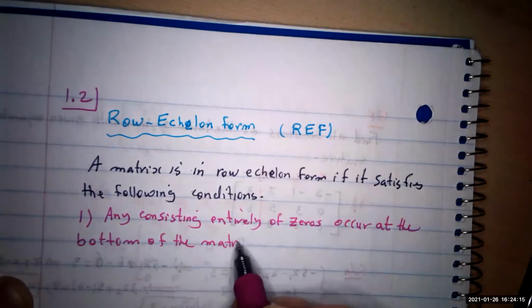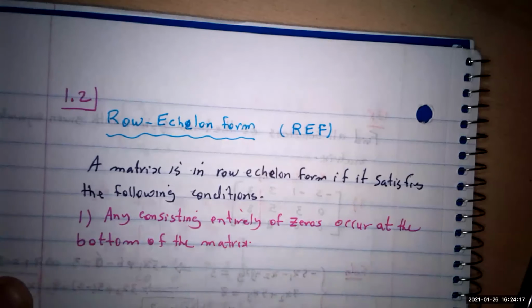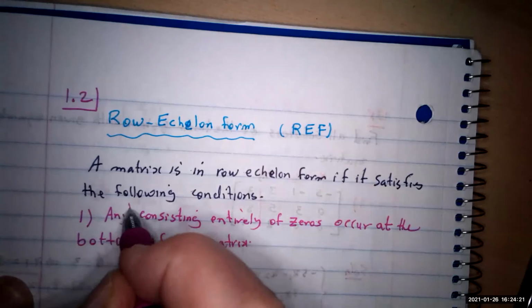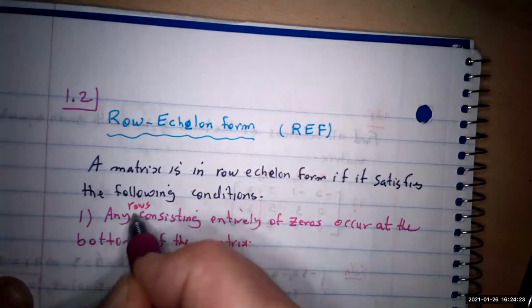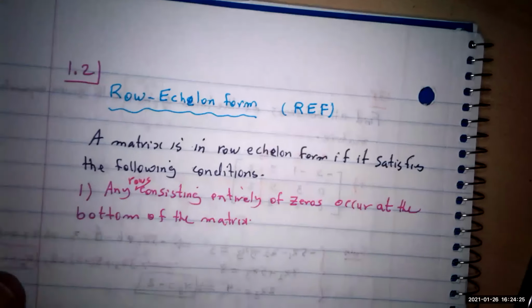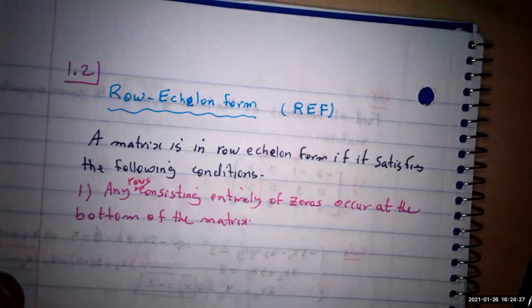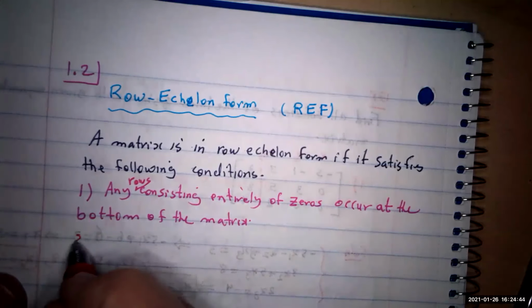It must be right at the end. So if a row has 0, 0, 0, 0, 0, it would be at the bottom of the matrix. That's the first one. What is going to be the second one?